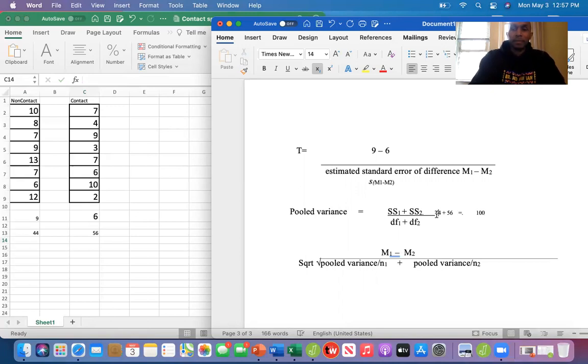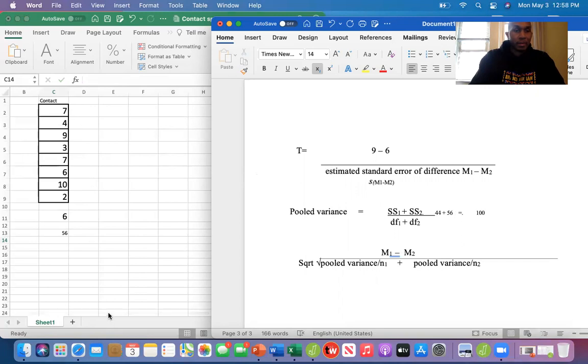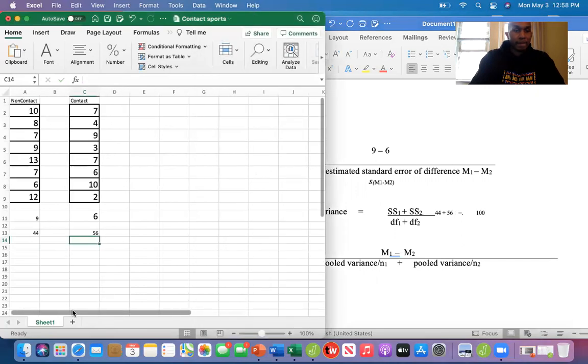Degrees of freedom, we have eight minus 1 twice. So 7 plus 7, that's going to be 14.